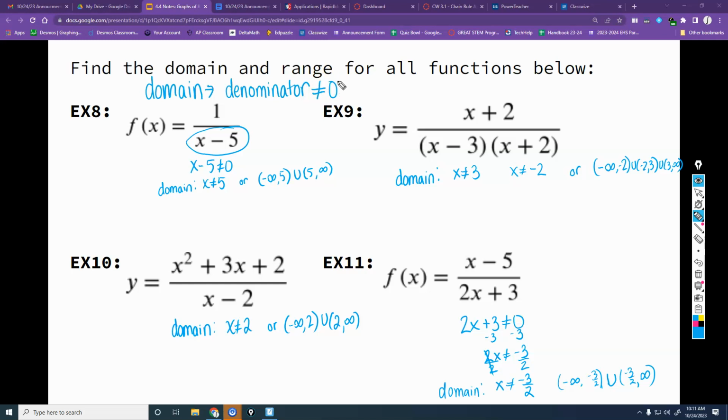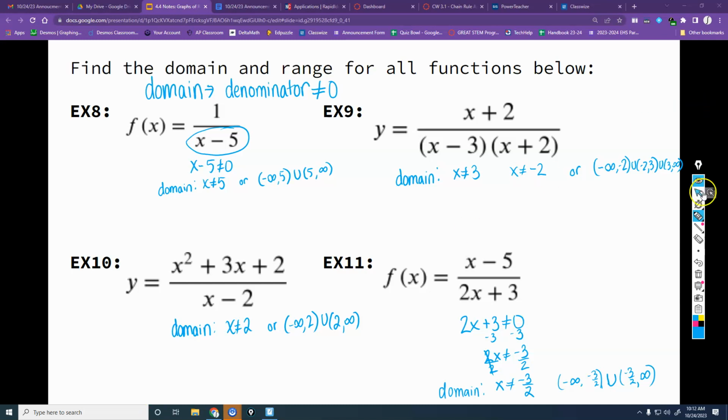So we just figure out the numbers that would make the bottom 0. We don't really care about the top at all for finding that domain. To me, it is easier to find this from the equation than it is from the graph. Because vertical asymptotes are easy to see on the graph, but holes are not easy to see on the graph, and you will miss the holes in the graph a lot of times. So I think it is easier to do these from the equation.